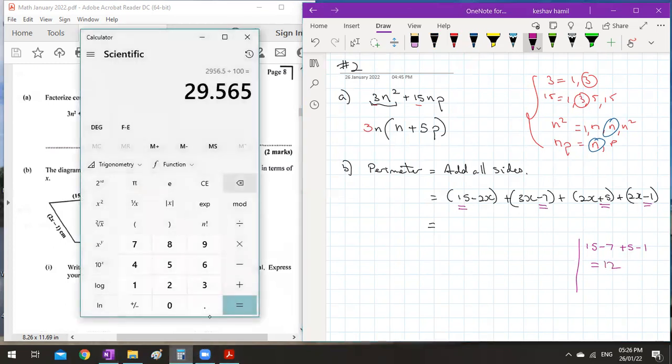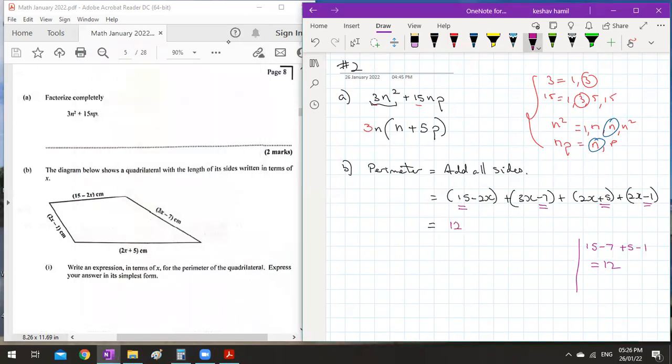Let's make sure that I have 15 minus 7, add 5, take away 1. Yes, that's correct. So put the 12 here. Then with the x's: negative 2x, add 3x, add 2x, add 2x. Now, this negative 2x and the 2x will cancel out each other. So you'll have 3 plus 2, which is 5x, plus 12. So that's it in its simplest form.